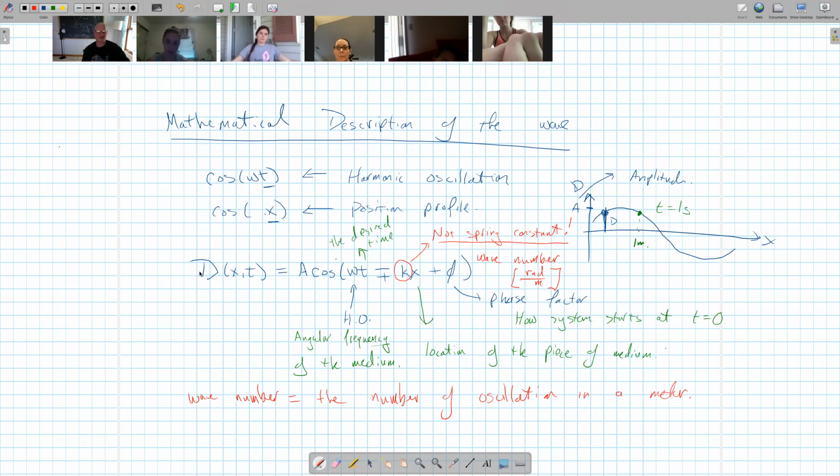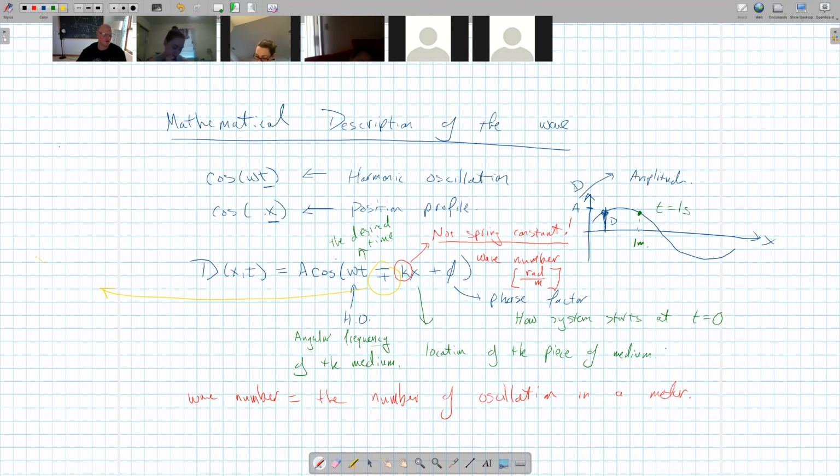This says that the displacement of a piece of medium is equal to the amplitude times cosine of the angular frequency times time, minus plus the wave number times the position of that piece of medium, plus the phase factor. So what is this minus plus? The minus plus is in reference to the direction of propagation.